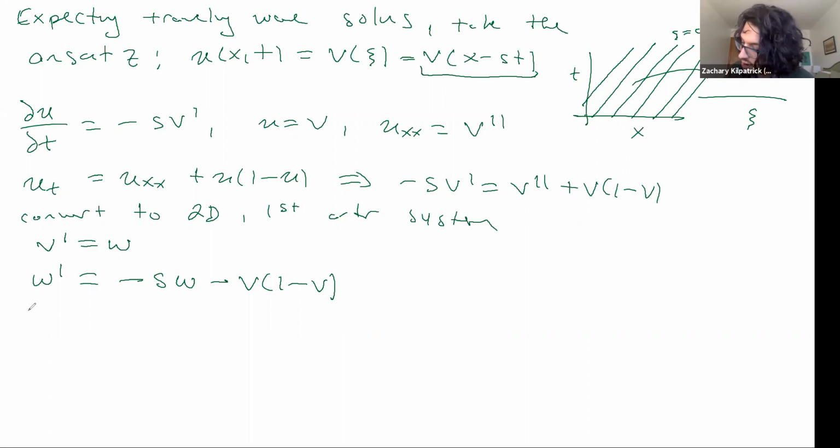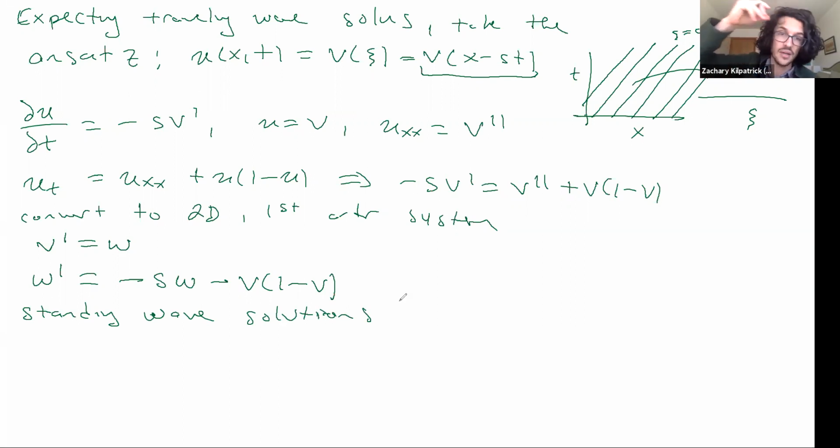So let's start out with the possibility of what are called standing wave solutions. What's a standing wave? It's a wave that stands still, okay? So this would be the particular case where s is equal to 0. Do we have any standing wave solutions to this equation?